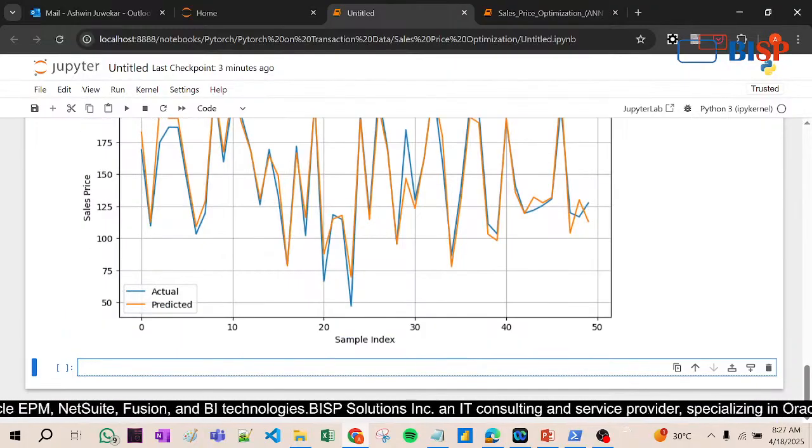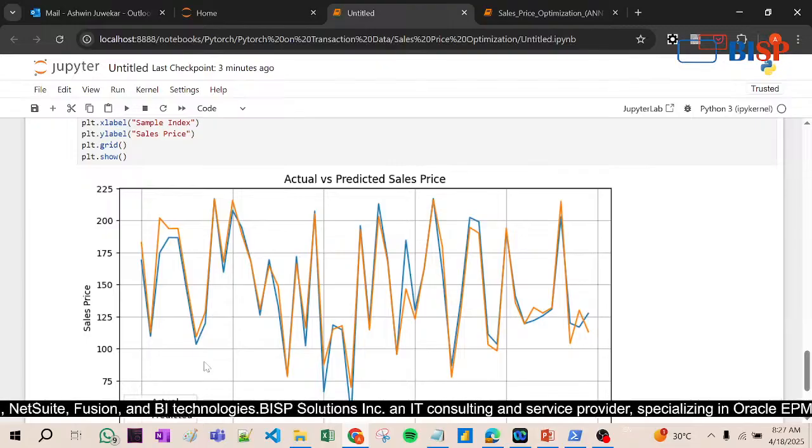Look at this: the actual and the predicted, meaning whatever is predicted and what actual should be. This is how we show actual and predicted sales price, and it is almost equal.